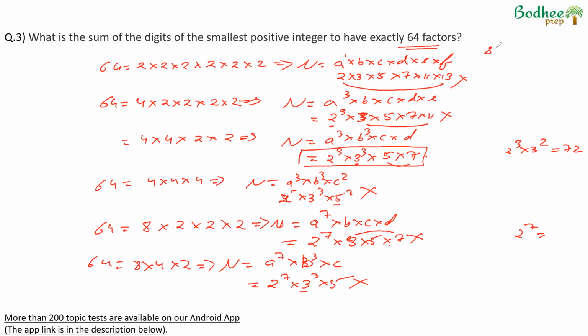So, 2 cube is 8 into 27 into 5 into 7. 8 5s are 40, 27 into 7 is 189. 189 into 40: 189 into 4 is 756, so the number is 7560.